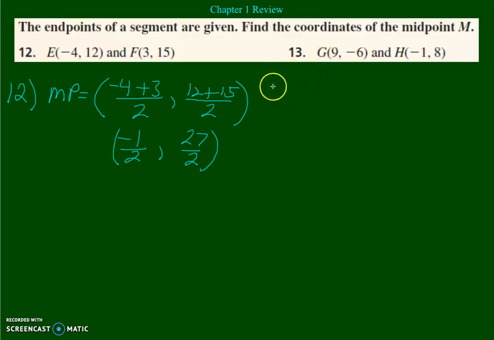So for 13, the midpoint is the average of the X's.